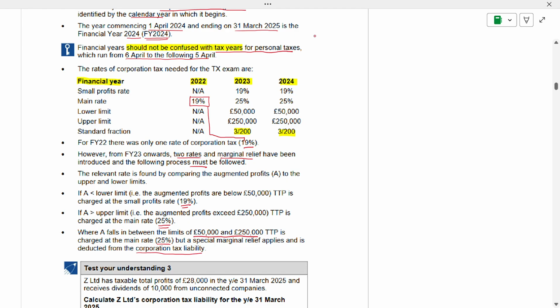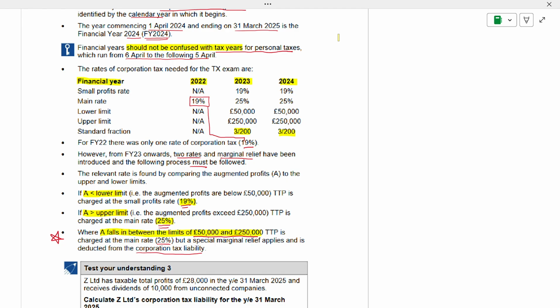If the augmented profits fall between the limits, that's very important. If the augmented profits fall between 50,000 and 250,000, they will charge the main rate, but special marginal relief applies by deduction from the corporation tax liability. This is the most important one. In the previous cases we have very clear clarity. If it is less than the lower limit, charge 19%. If augmented profit is more than the upper limit, charge 25%.